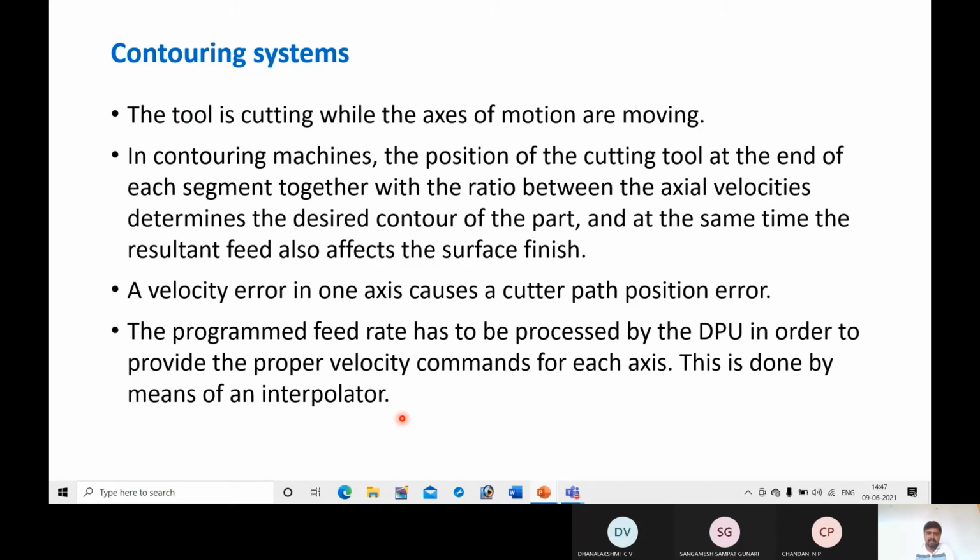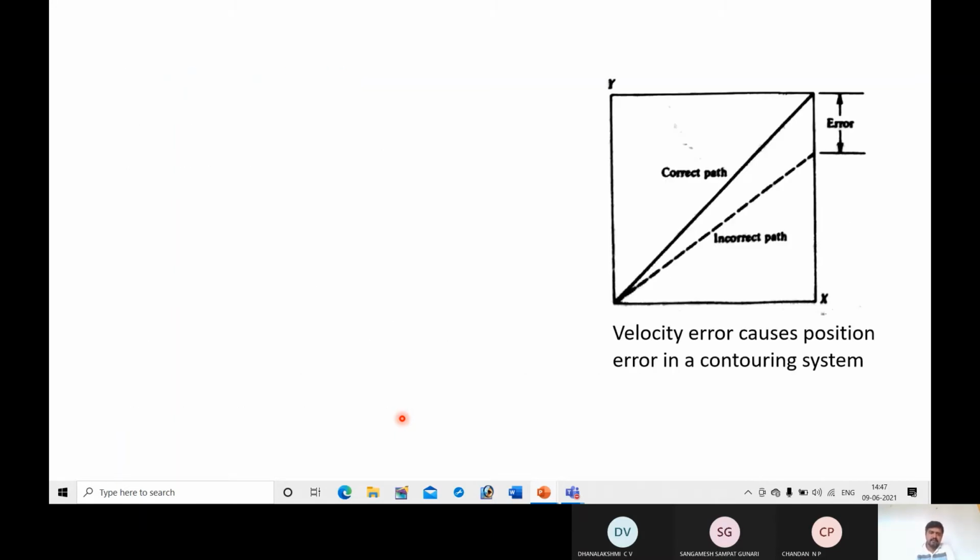Based on that algorithm, this interpolator will send signals to the drive. This velocity error causes position error in the contouring system. So if there is a velocity error, instead of moving the cutting tool in this path, it may travel in an incorrect path. This is the error.